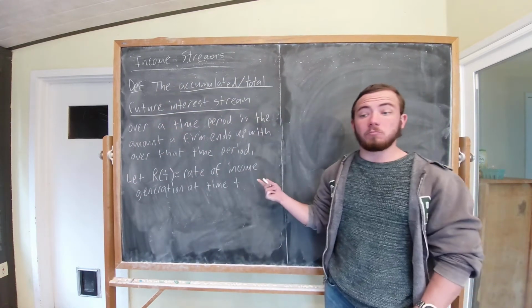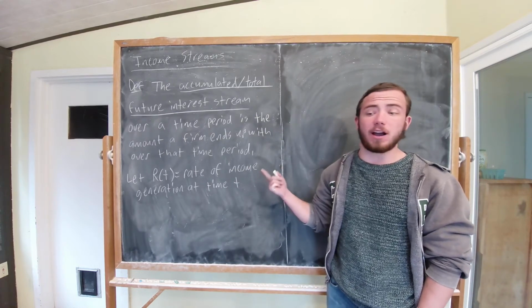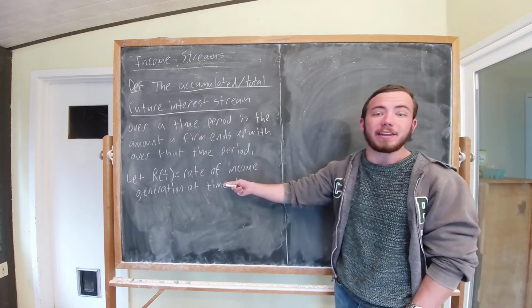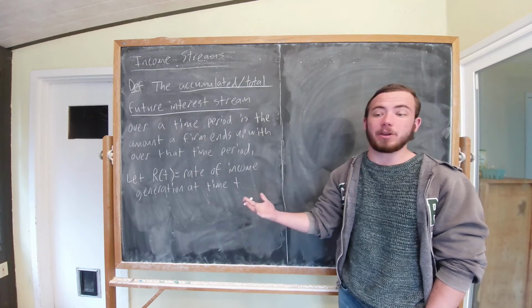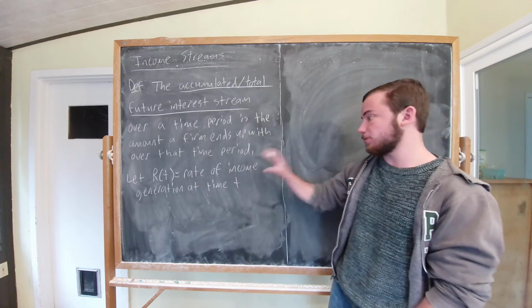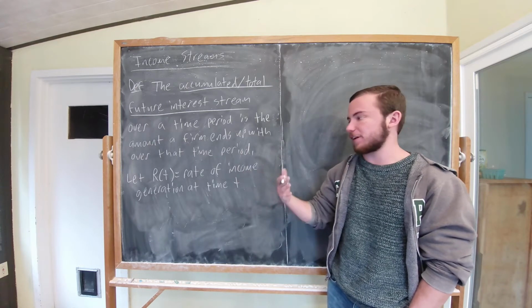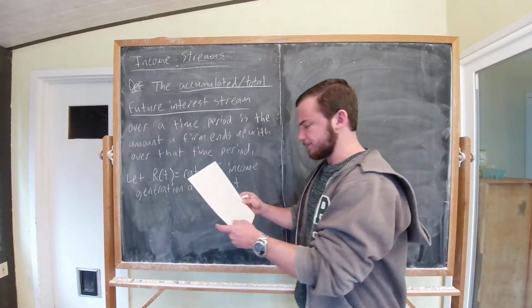Now, when we do our work for this section, R of t will be a constant, but it could be any function that you want. It's just that the resulting integrals require techniques that we aren't going to discuss in order to compute. But it could be anything you want, like the math is capable of handling that. For our purposes, we'll end up with R of t being constant.